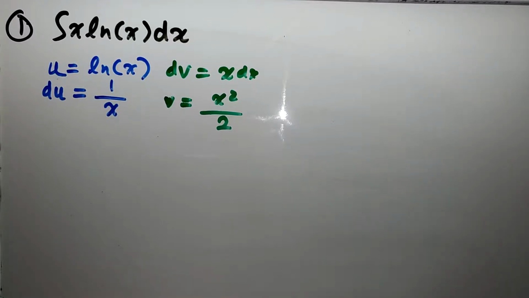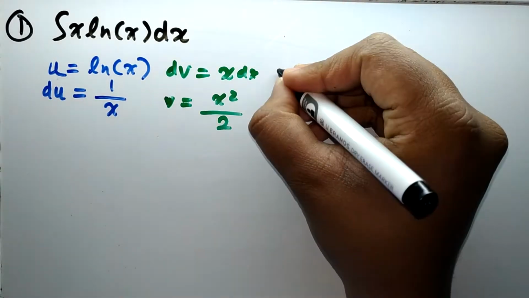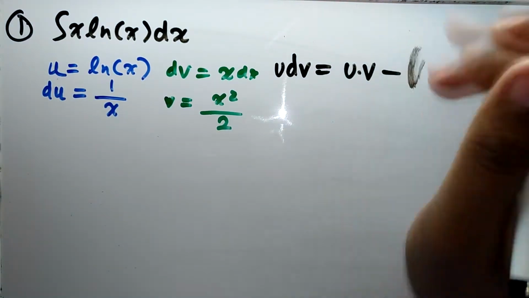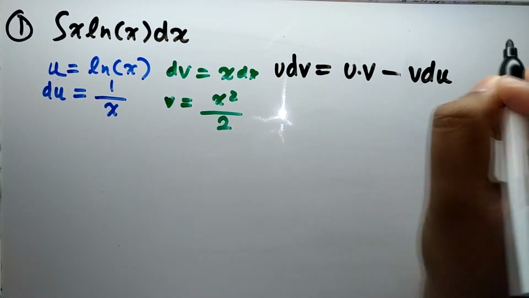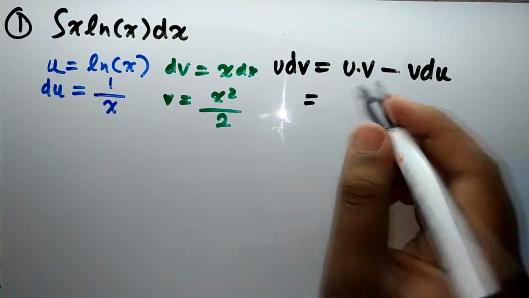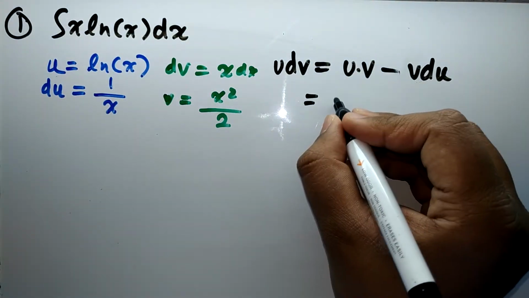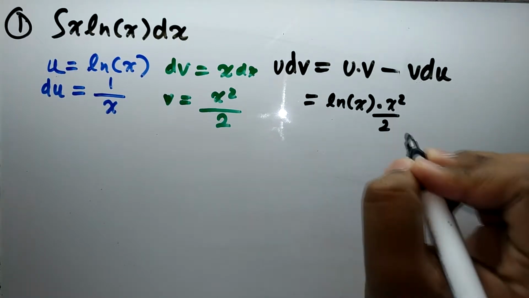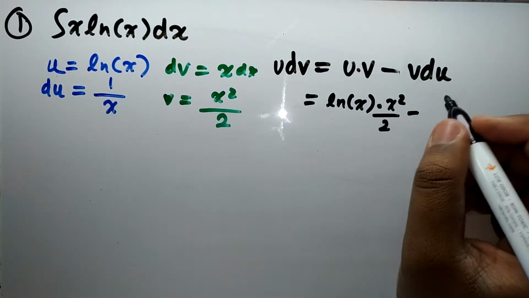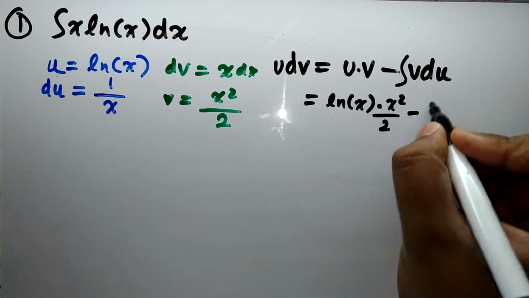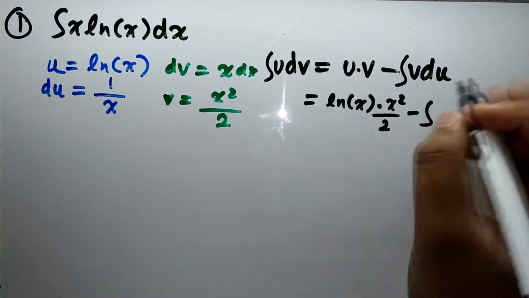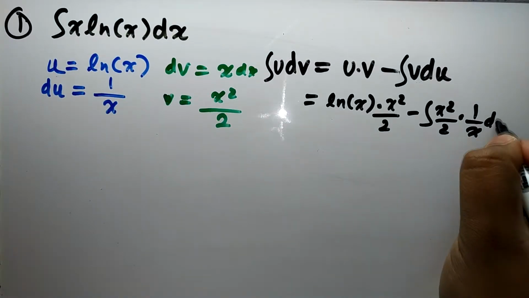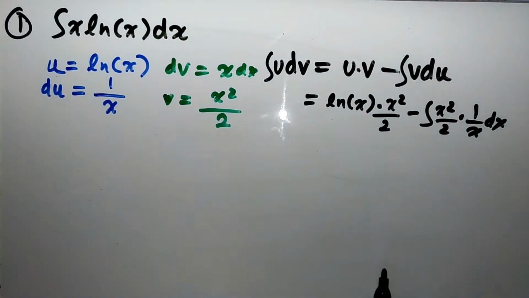And then we plug it into our integration by parts formula, which is the integral of u dv equals uv minus the integral of v du. That's going to be ln x times x squared over 2 minus the integral of x squared over 2 times 1 over x, and then you get some cancellation happening in the integral.